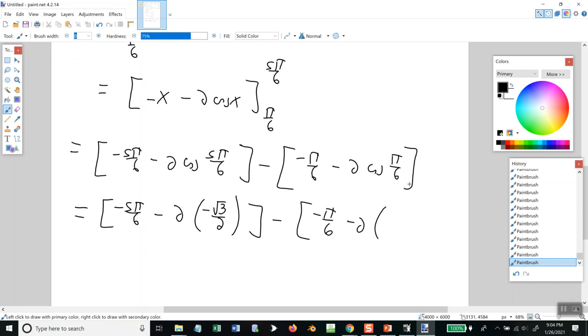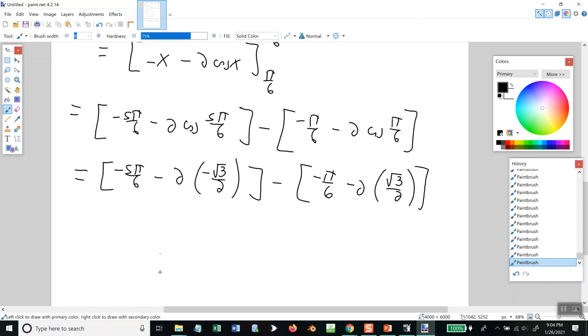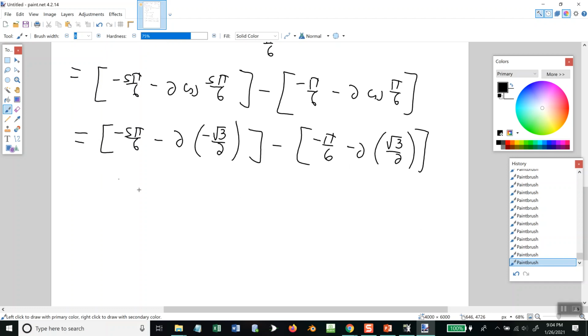How about cosine of pi over 6? Positive square root of 3 over 2. Okay, so negative 5 pi over 6 plus, those 2's cancel, we'll get square root of 3.